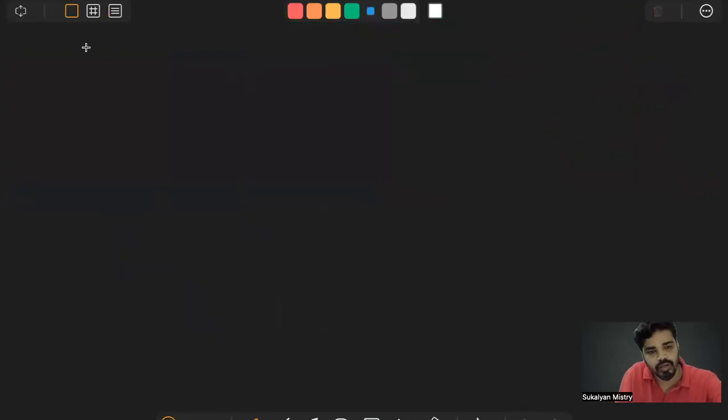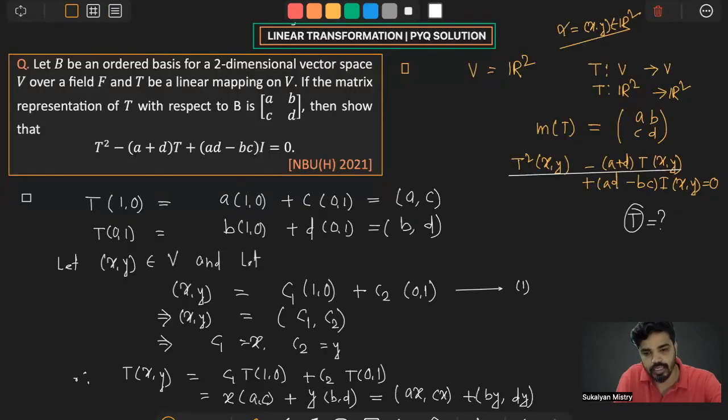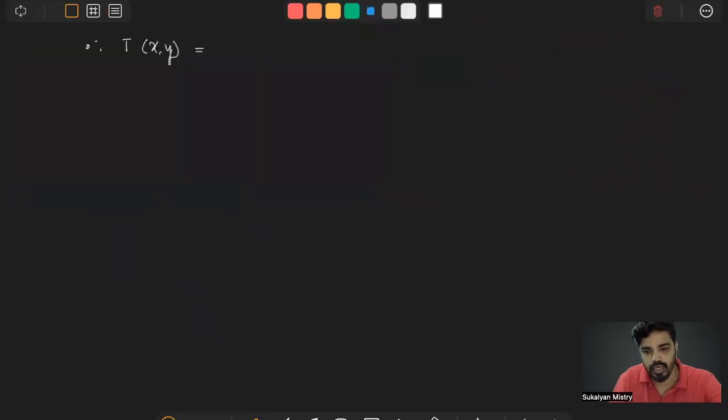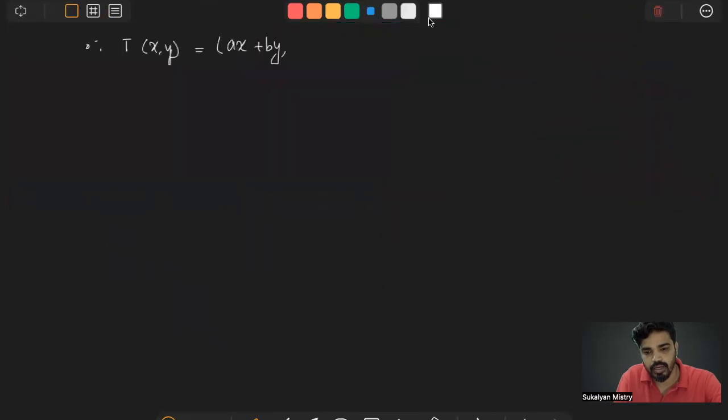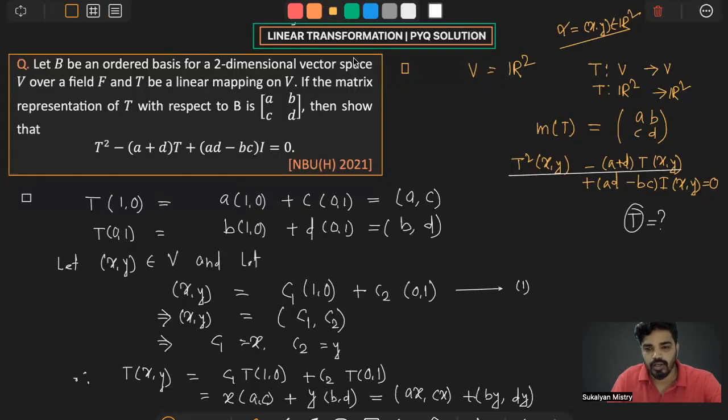Therefore T of (x, y) is (ax plus by, cx plus dy).